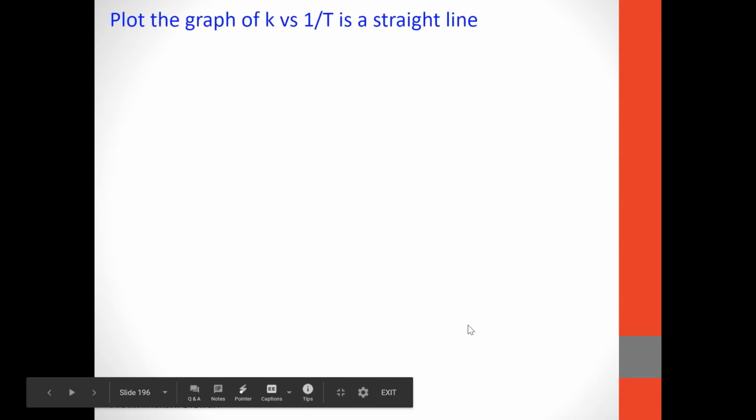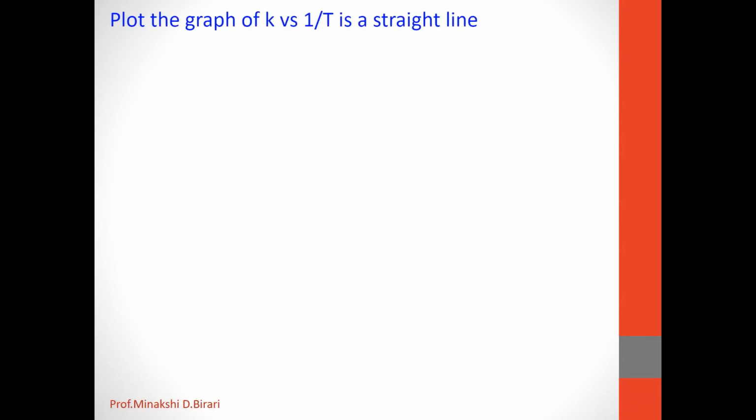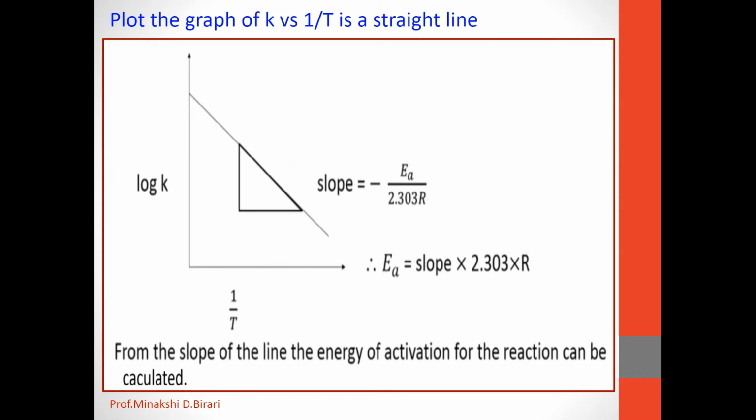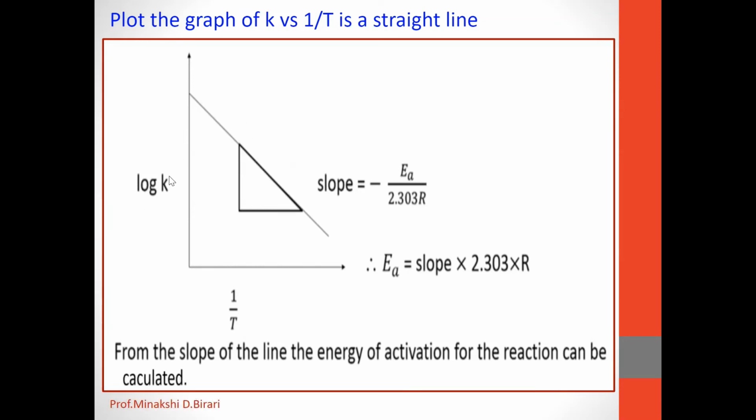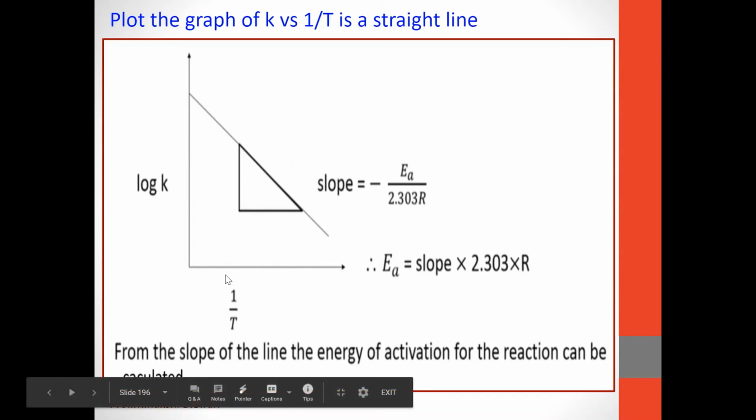Then if we plot the graph of log k versus 1 upon T, we get a straight line. We can observe here log k on the y-axis and 1 upon T on the x-axis.